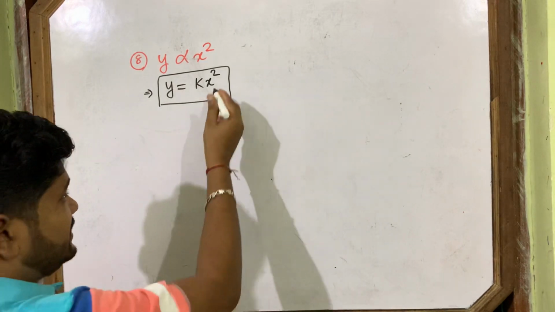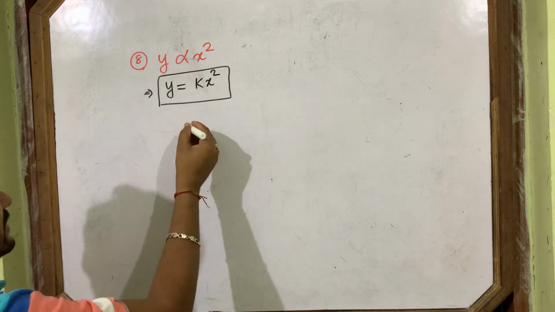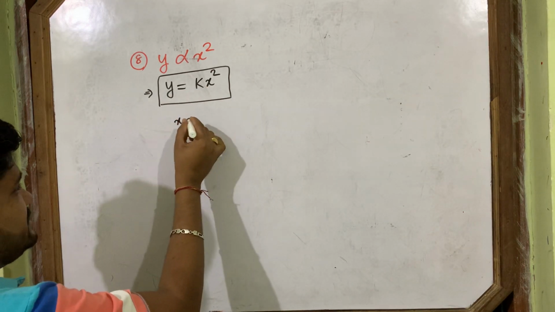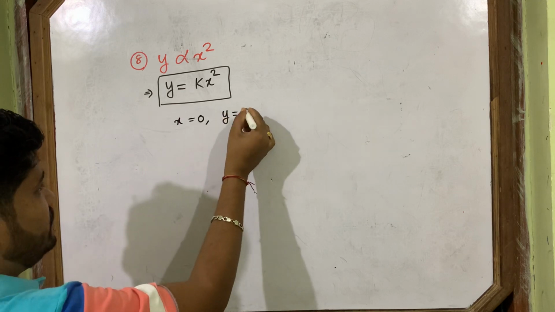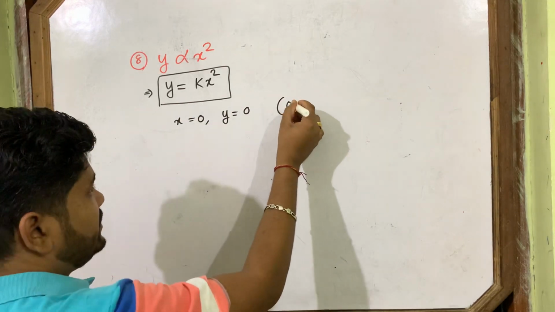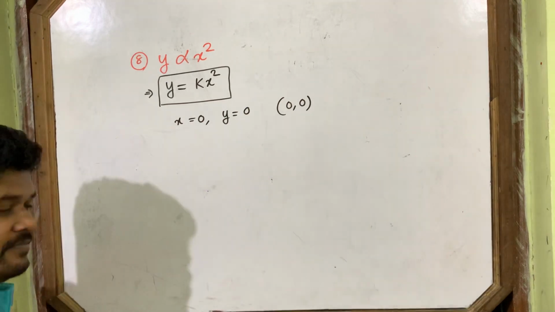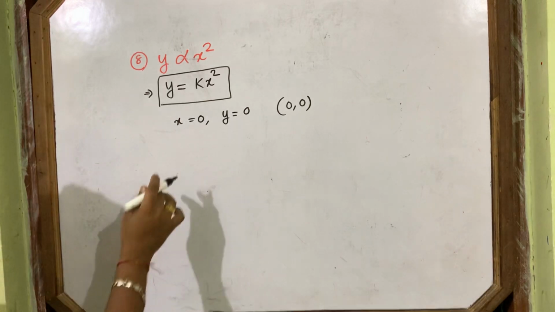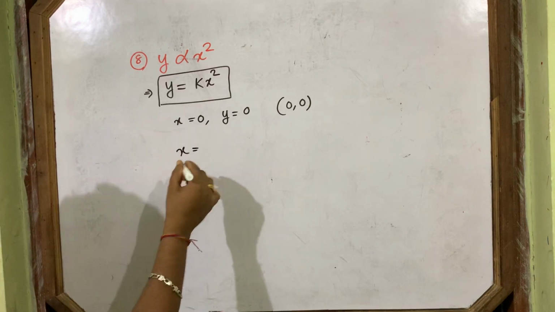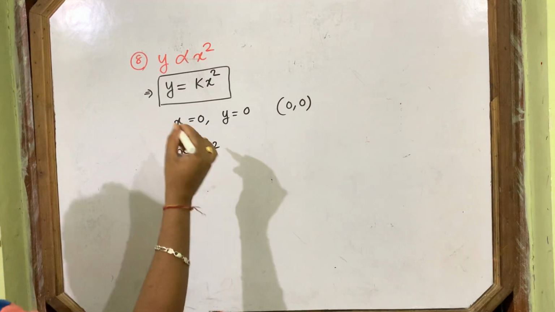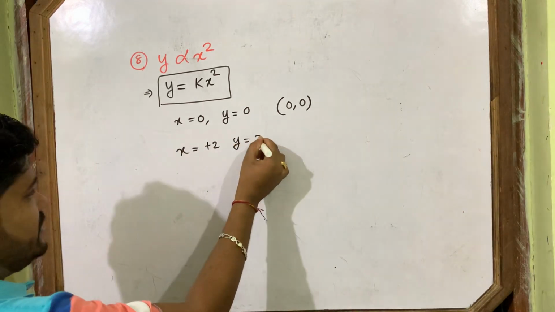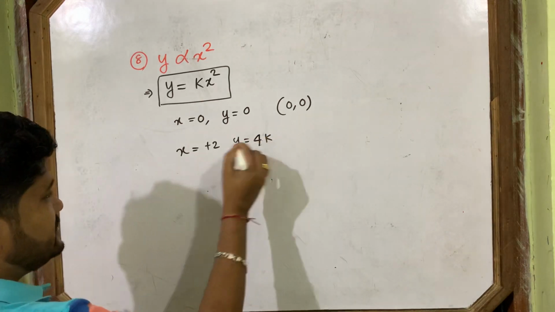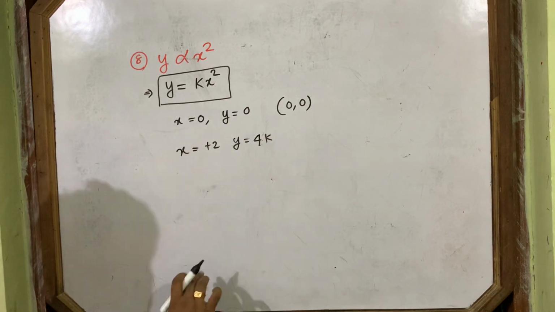You see, let's find the points. Here, y is equal to kx square. So if x is equal to 0, y is equal to 0. So 1 point we got, 0, 0. Then if x is equal to, suppose we take plus 2, then y is equal to 2 square k, y is equal to 4k.